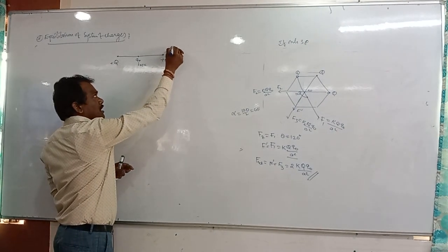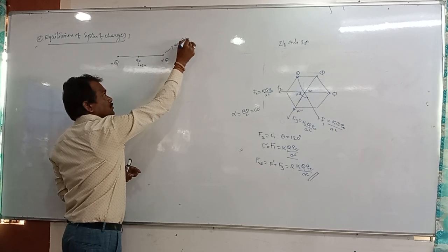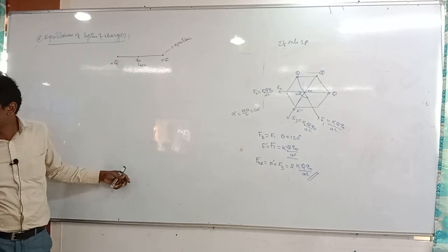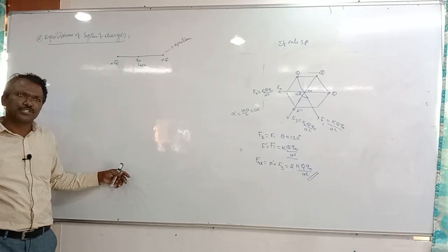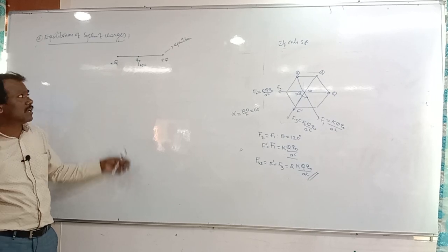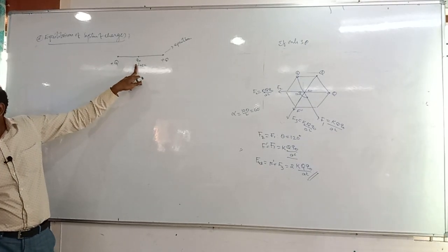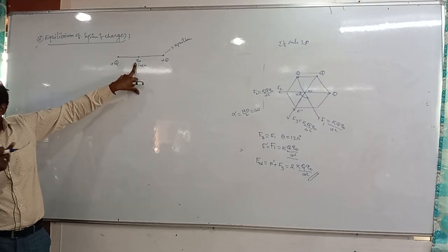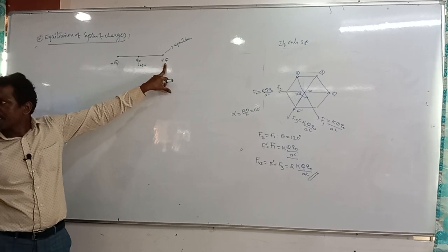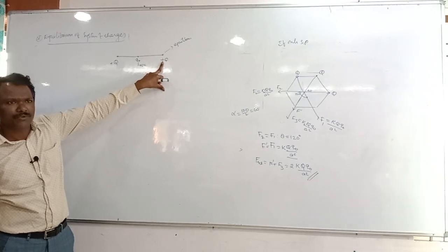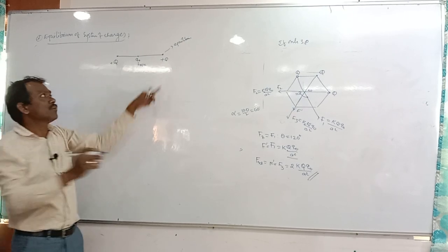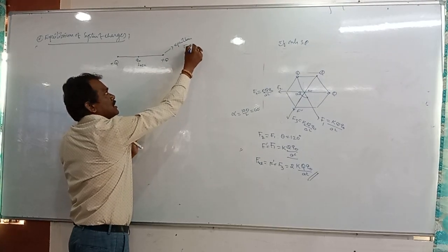To make either this charge or this charge, the system of these two charges, be in equilibrium position, for that, to make the Q naught in equilibrium position, what we said is the net force on it is 0. Same thing, to make this plus Q in equilibrium position, the net force is equal to 0.